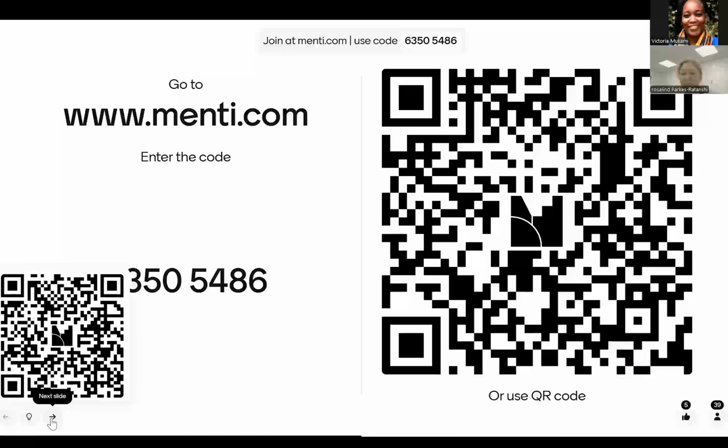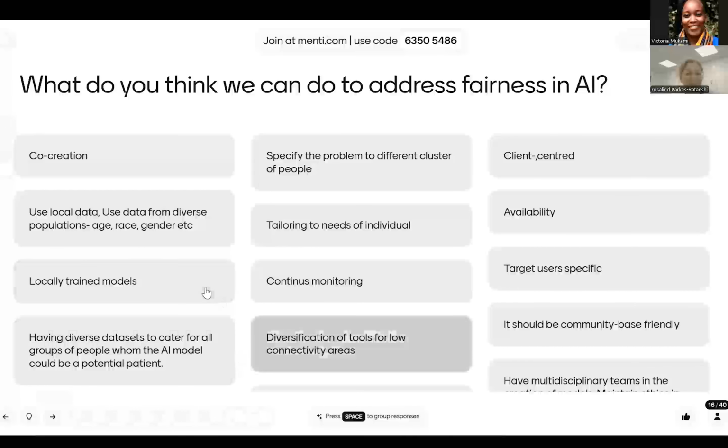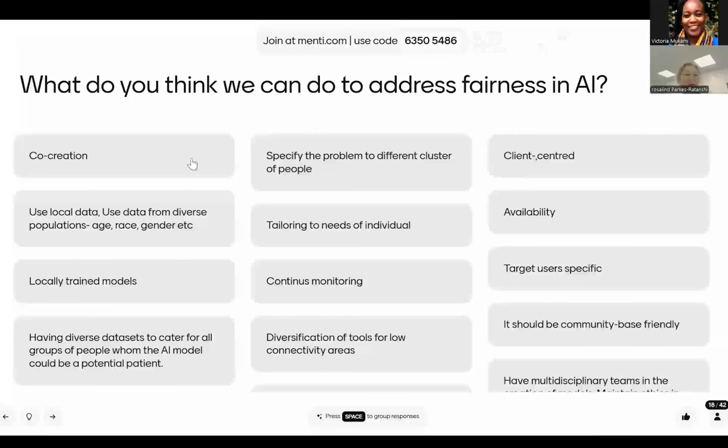All right, I think you can now go back to the question. Yeah, there you go. Okay, so let's have a look at some of the answers. Co-creation of projects, locally trained models, use of local data from different populations, diverse data set, diversification, community friendly availability.